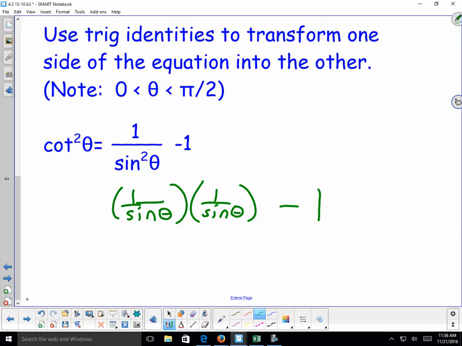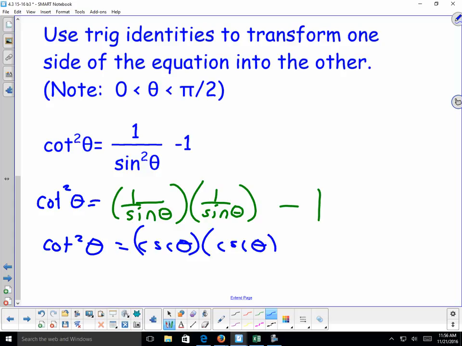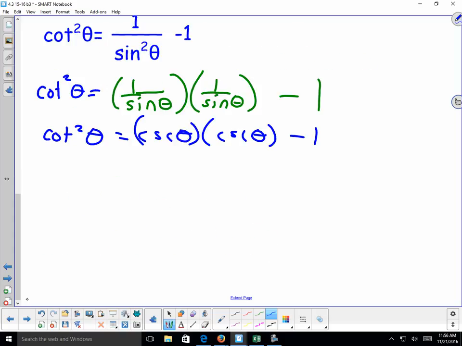But each one of these is what? So really we're trying to say cotangent squared, that's my left side, is equal to cosecant theta times cosecant theta minus 1. Would you agree with that? And is it okay to write cosecant theta times cosecant theta as cosecant squared theta?